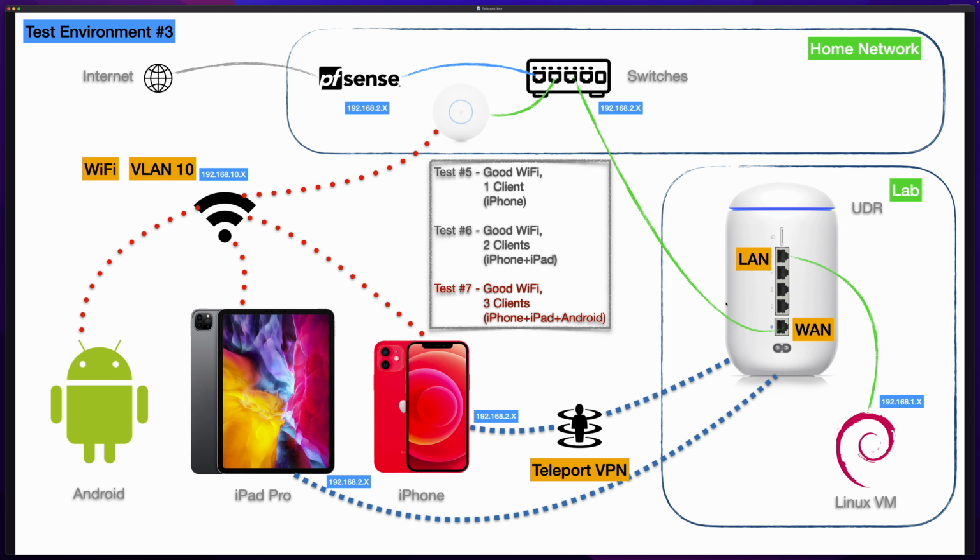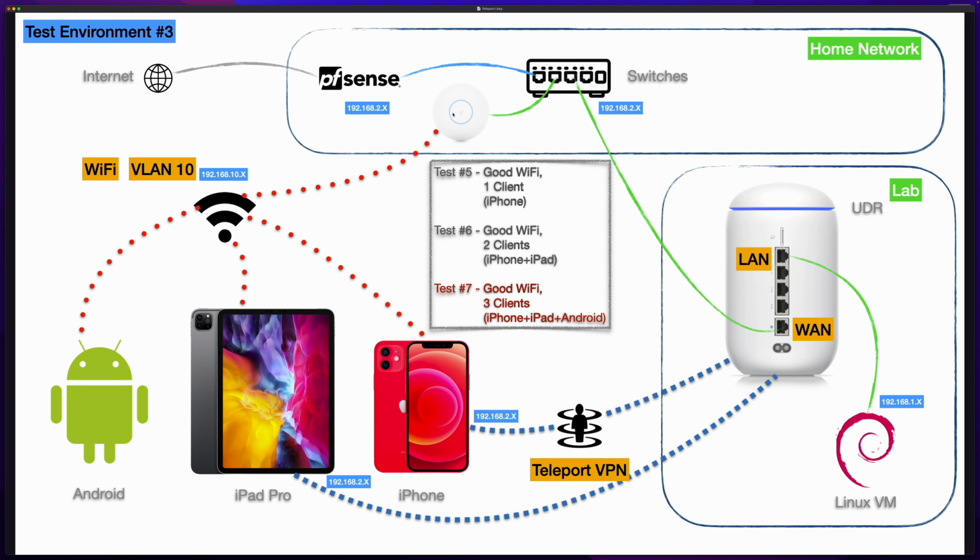To really test the throughput, I need to have a super fast network connection. So the way I will do it is I have a very fast home network. From my home network, I have a UniFi access point, and I'm going to use my cell phone to connect to my home network's Wi-Fi.